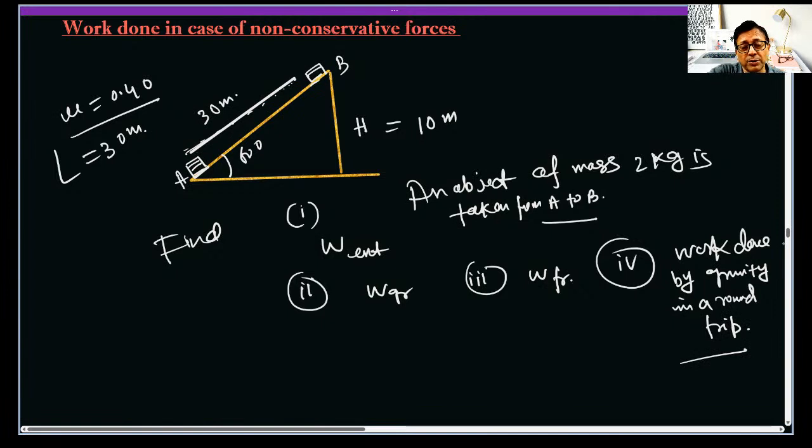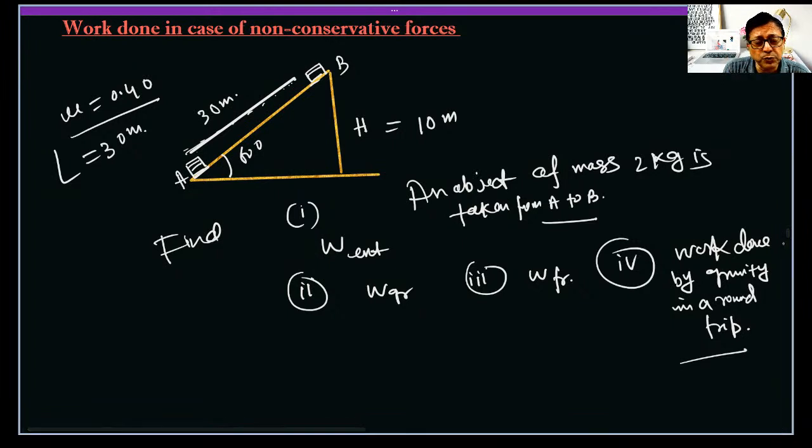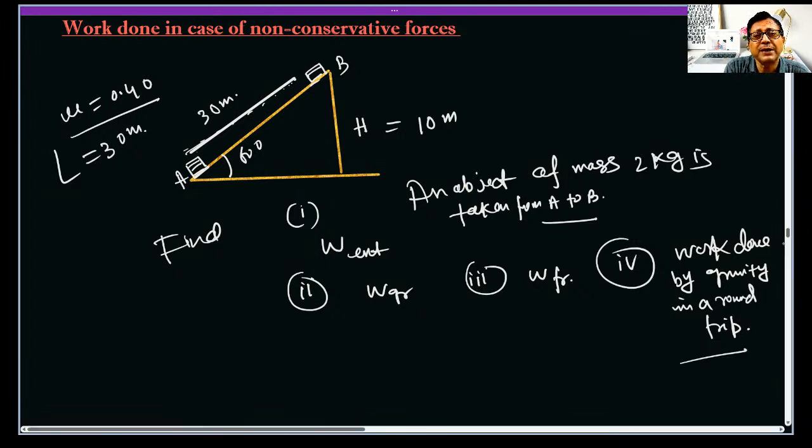External force is not there, it automatically goes down. You leave it there, automatically goes down. Here work is done by or against the force of friction. Friction only will do work. Let us do step by step.